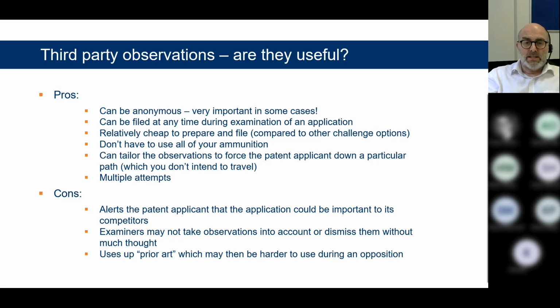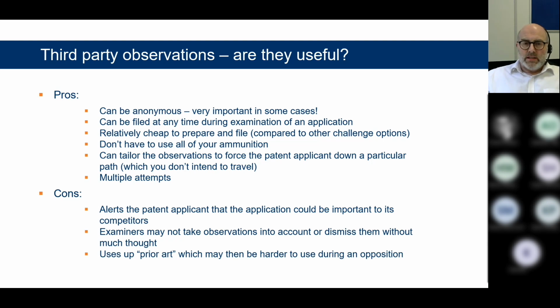When you come to then try and attack it after grant, the patent owner and the courts or the patent office just say, well, these have already been considered, even if the examiner didn't say anything. This isn't so much of a problem now, because most countries that allow third-party observations have really tightened up on the fact that examiners can't just ignore them to make an easier life for themselves, and they do tend to look at them and comment on them, and are generally quite fair.